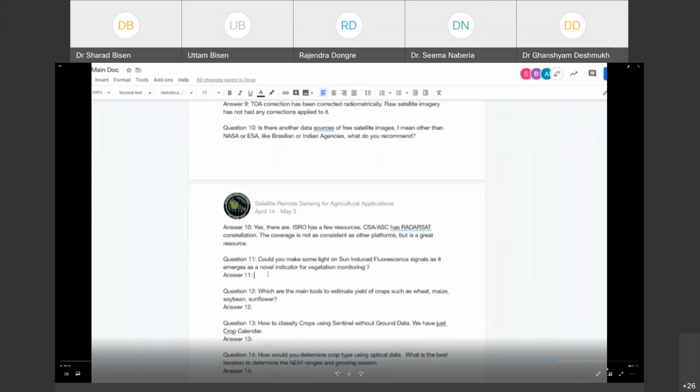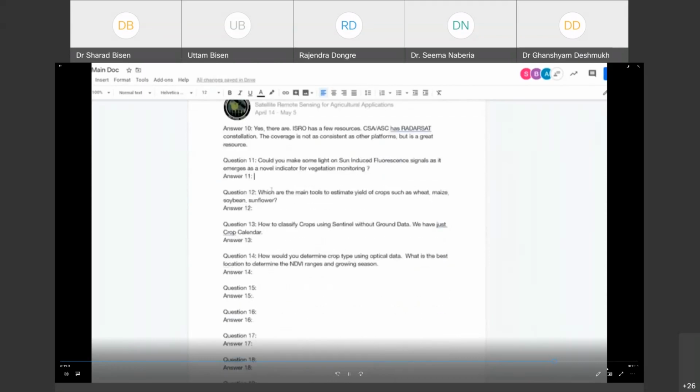So question 11, could you shed some light on sun-induced fluorescence signals as it emerges as a novel indicator for vegetation monitoring? Sun-induced or solar-induced fluorescence is currently on a number of satellite missions, and research into this has gone back for decades. Currently the OCO-2 mission, a NASA mission which is monitoring carbon, also has high enough spectral frequency to be able to collect SIF, or solar-induced fluorescence, data.